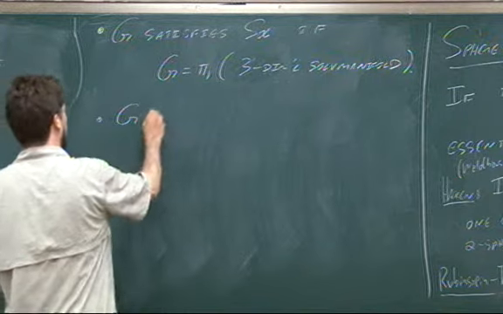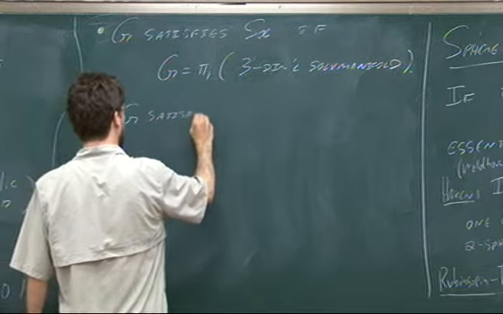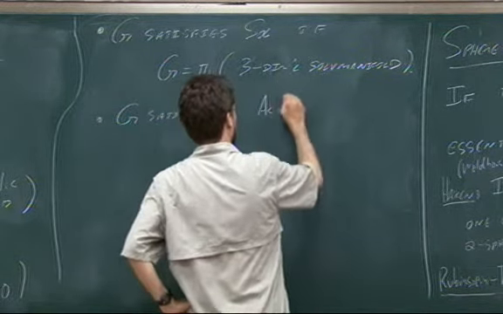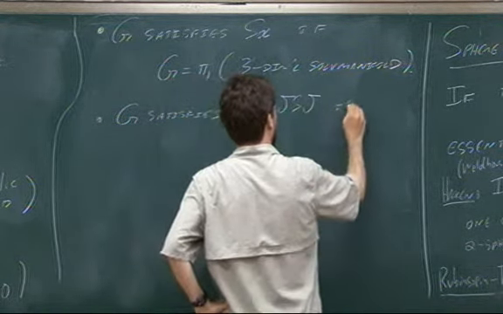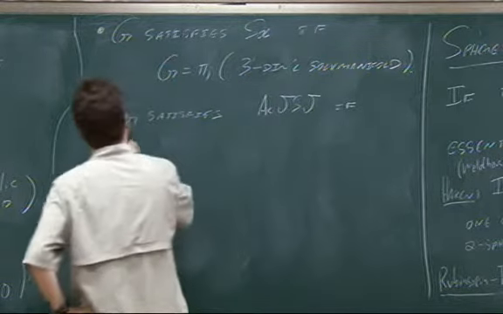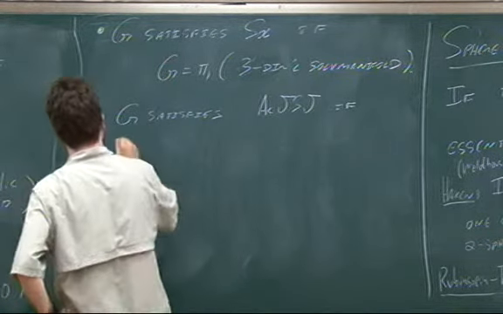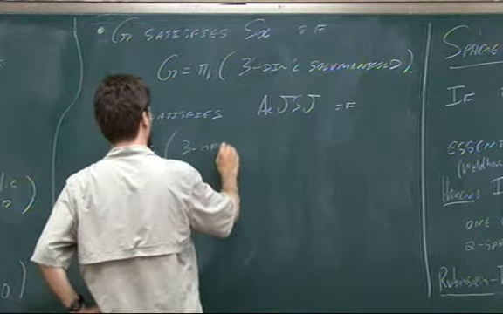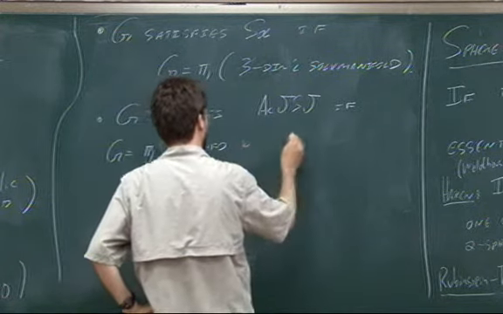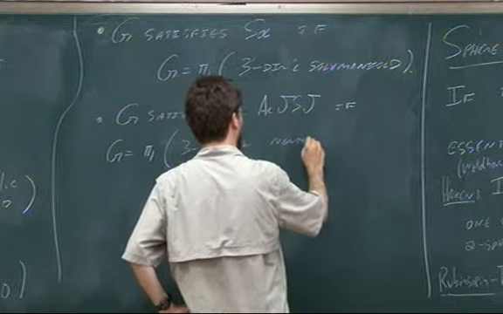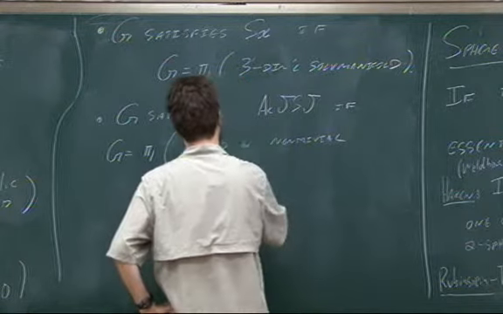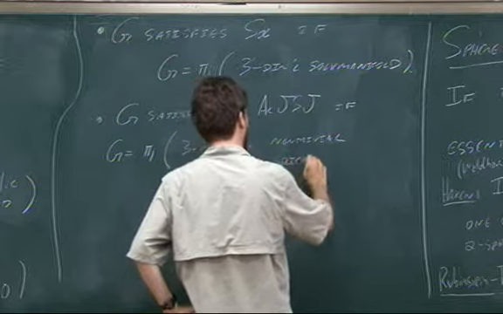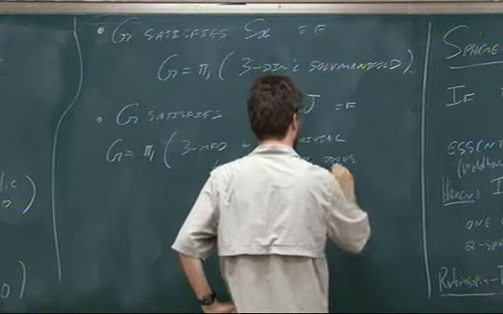And then G satisfies acylindrical JSJ if, something called the torus decomposition, G is equal to pi1 of a three manifold with non-trivial or acylindrical torus decomposition.